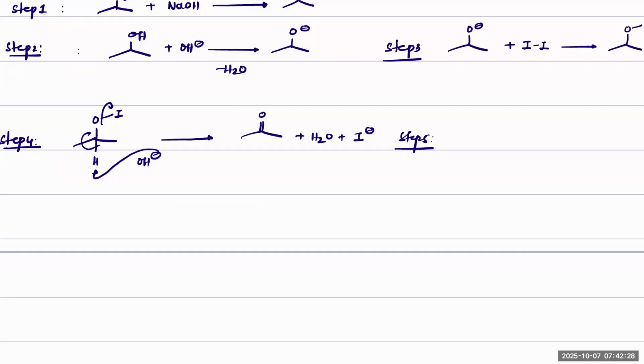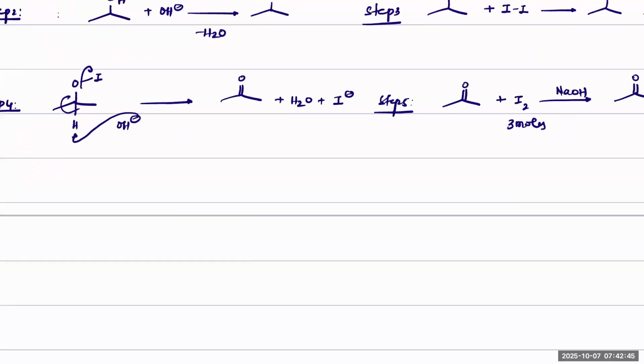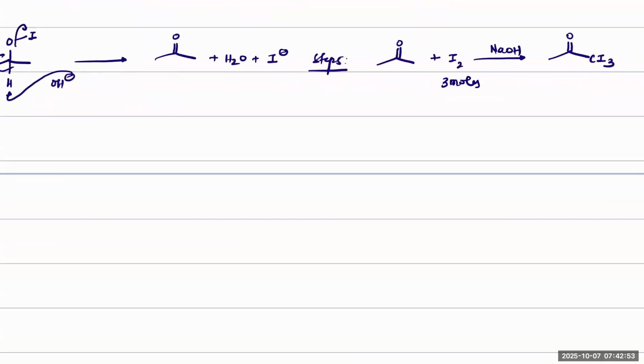Now step 5, you are basically trying to react with ketone. Ketone, when you react with 3 moles of I2 in the presence of base, you will get this carbon as CI3. All of those hydrogens will be replaced with iodine.